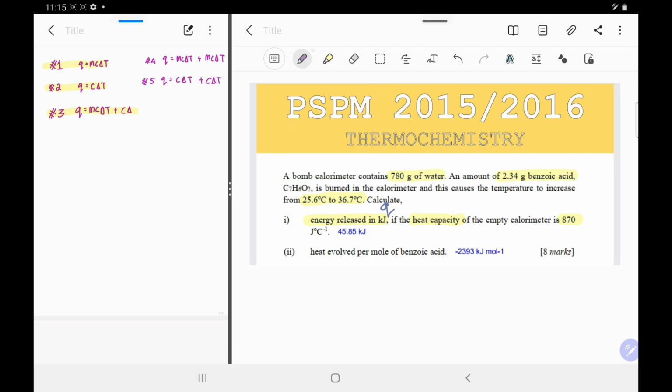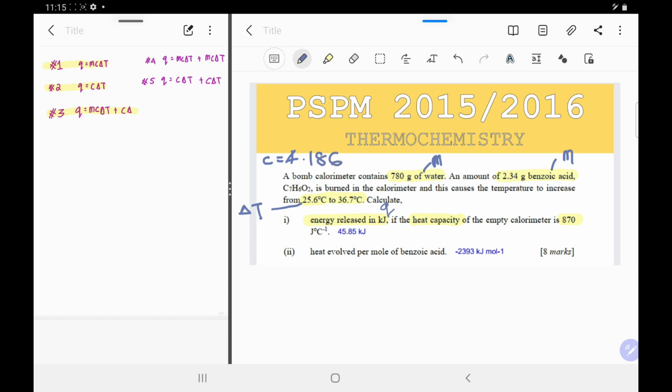Okay, first here we know that the questions give the mass of the water, mass of the benzoic acid, and the temperature changes. So, before I forget, since the questions have mentioned water, we know that the specific heat capacity of water is constant, which is little c, 4.186.